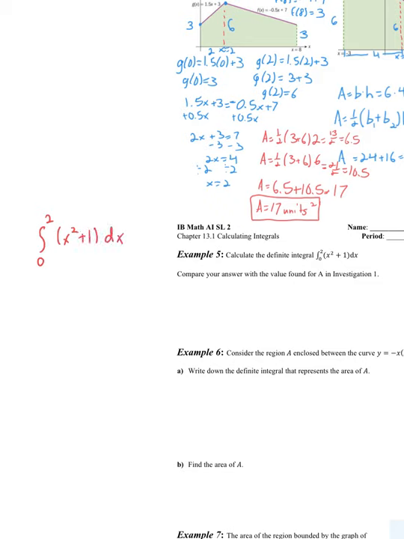So whenever you're undoing an integral, what you're going to do is you're going to write down a bar. It's been a long time since I've done this. This looks like this. And you're just going to take the lower limit and the upper limit, write 0 and 2. And then you have to think about, how do I do this as a derivative? So it's basically the opposite of a derivative.